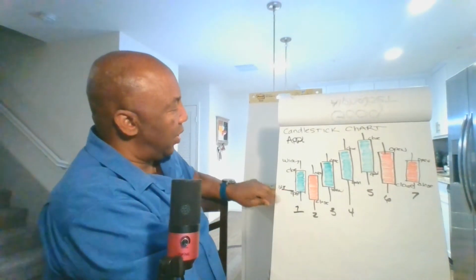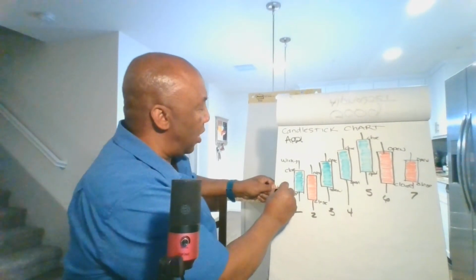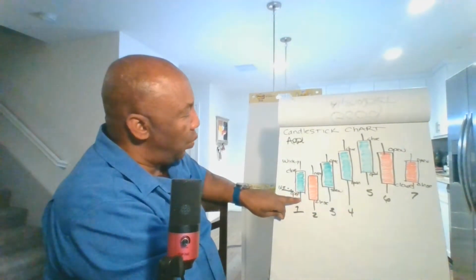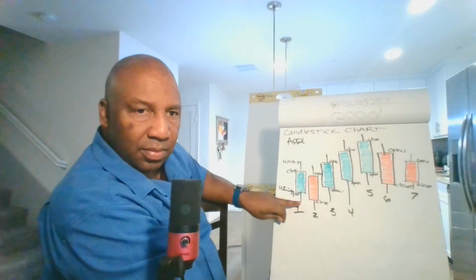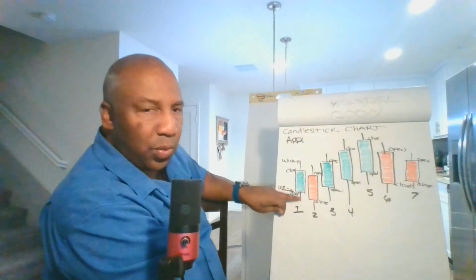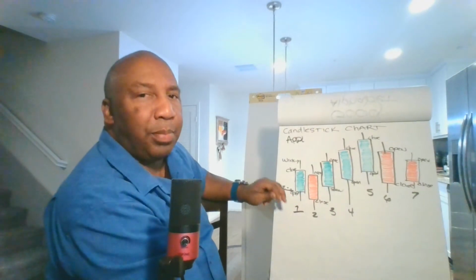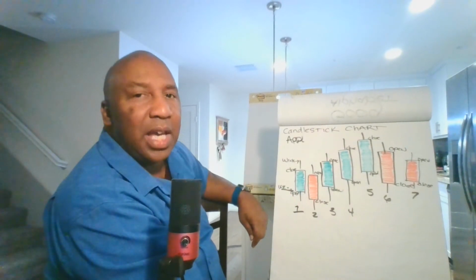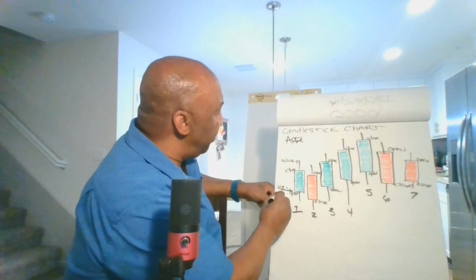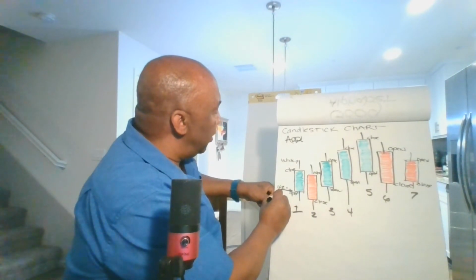It opened there, 163 per share. But then it went down from there. This wick represents that it had a pullback for a minute. There was some selling that went on, so say it went down to 160.